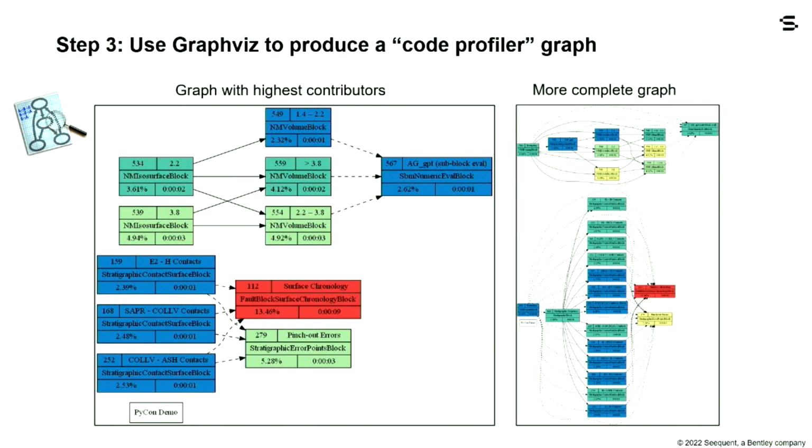But instead of lines of code or functions, here we have complete blocks, which are objects to the process. On the left-hand side, it's a view that's being filtered by biggest contributor. On the right-hand side, a complete graph, more complete but still filtered, because obviously there are a lot of objects. But that provides a very good overview to identify long processing chains, basically.